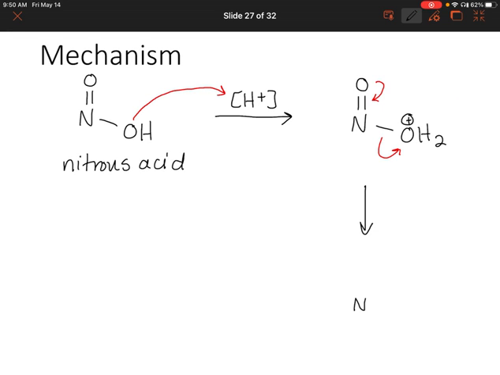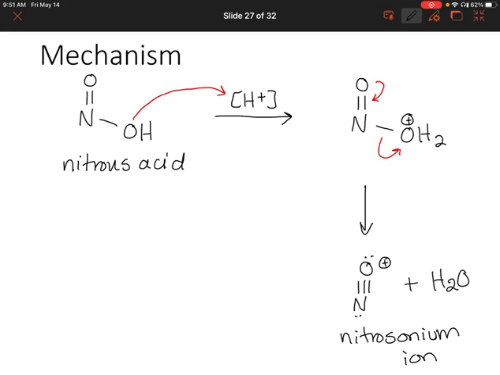And that's how we end up with the nitrosonium ion. Oh, whoops, excuse me. Nitrogen is not positively charged here. Oxygen is. And of course, we also form water as a byproduct there.